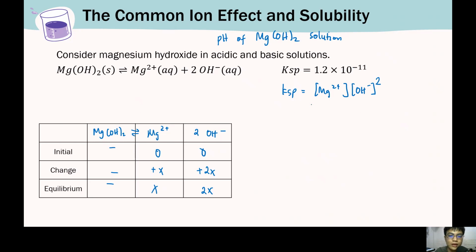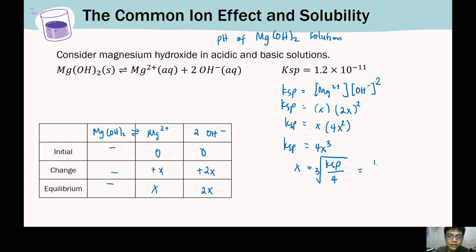Okay. So magnesium concentration is X. Then for OH, that's 2X, then squared. So that's X times 4X squared or 4X cubed, right? So to get the value of X, all we need to do is to divide KSP by 4 and get the cube root.